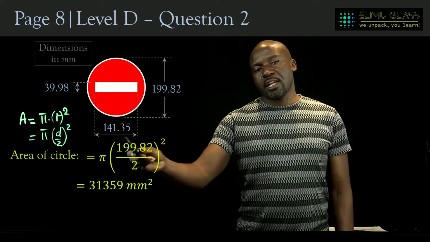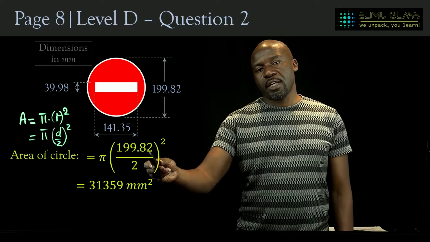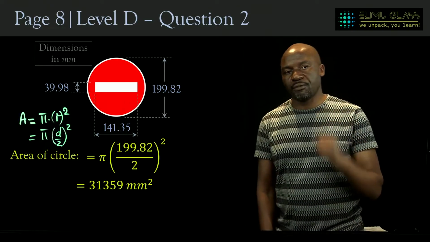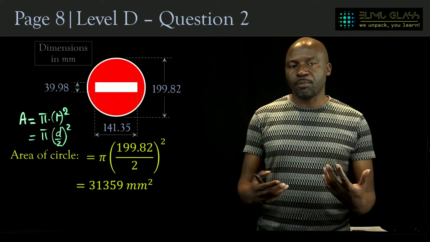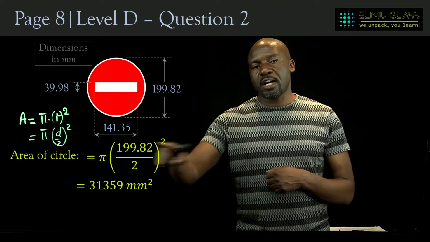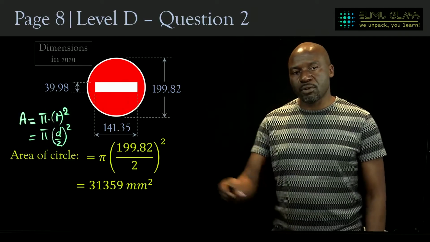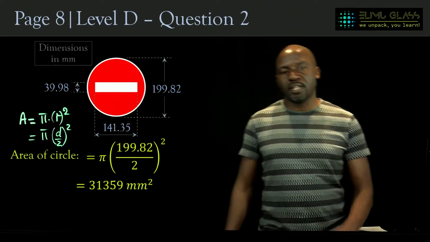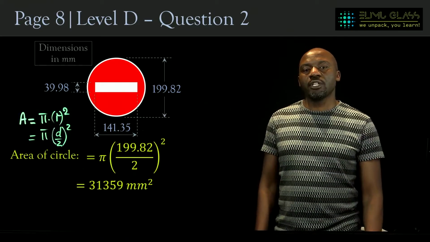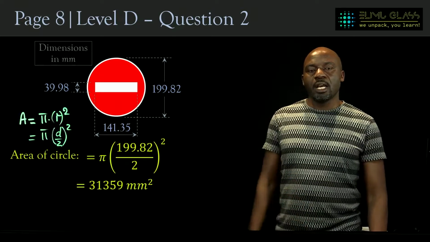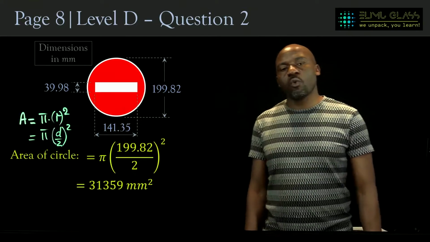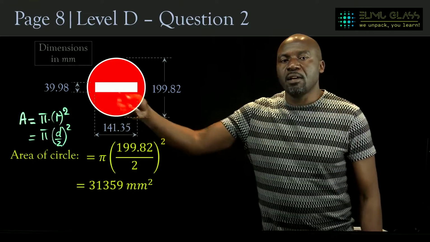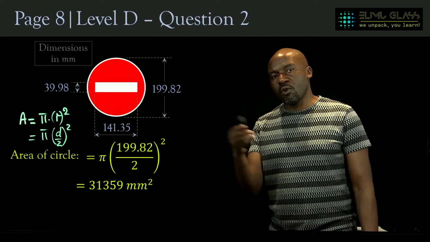But because 199.82 is to 5 significant figures, when we square it, that means multiply by itself. We are multiplying, so our answer has to be to 5 significant figures. Whatever decimal numbers you get, you have to reduce it to 5 significant figures. And so it is 31,359 square millimeters. That's the area of the whole circle.